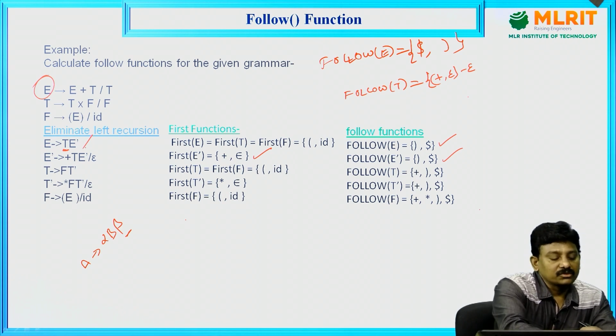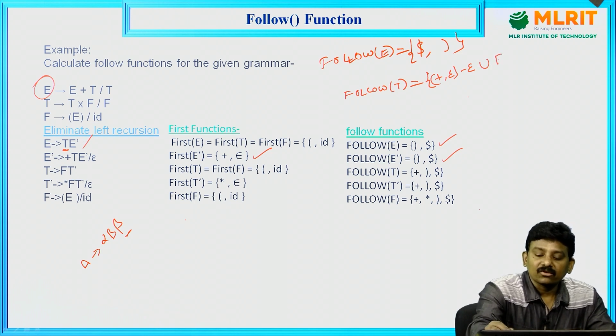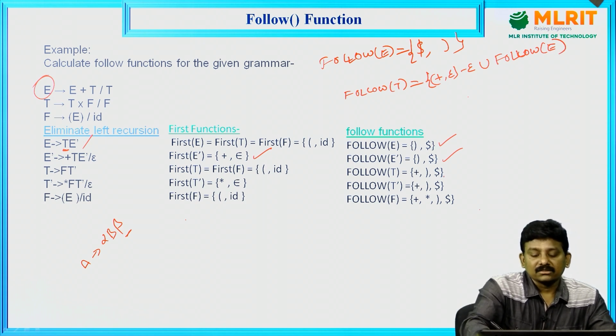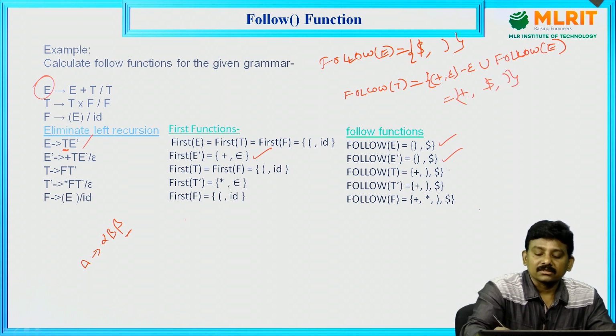If you substitute epsilon for E dash, T becomes the last symbol, so we apply the second rule, follow of B is follow of A. So follow of T also includes follow of E, which is already dollar and right parenthesis. So the answer is plus, dollar, right parenthesis.